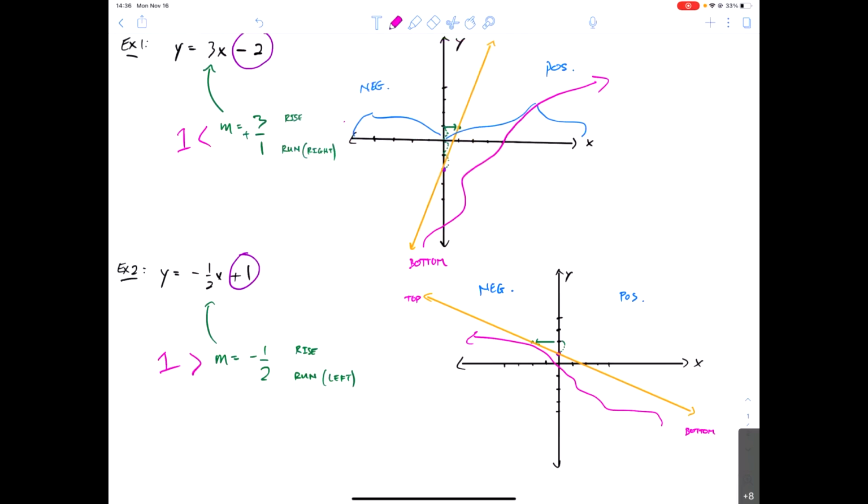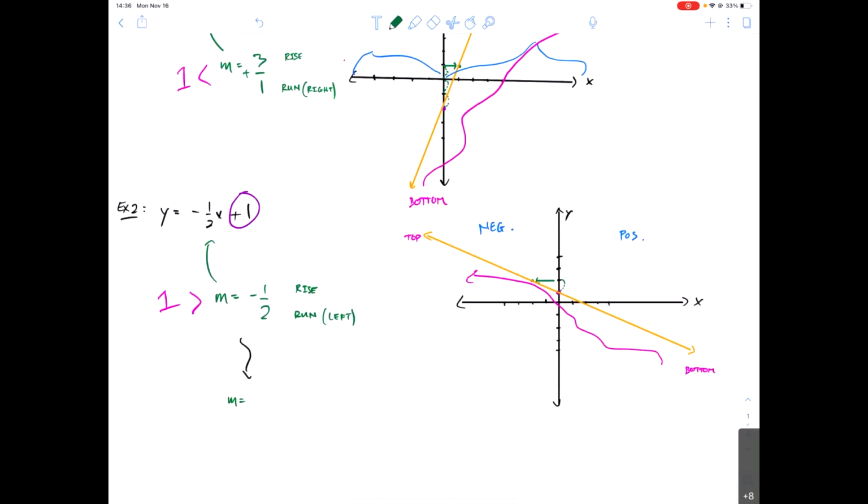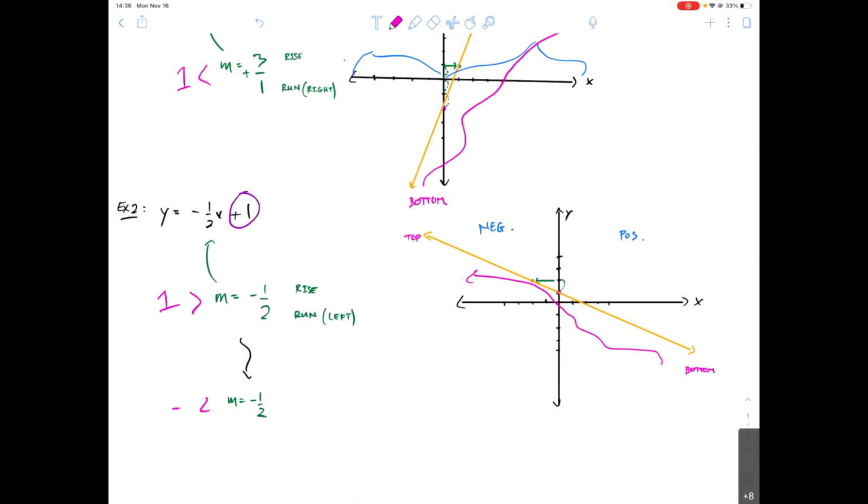But you also notice it's a very shallow slope, right? This number m, m equals negative 1/2, is between negative 1 and positive 1. So you know it's going to be a very shallow slope.